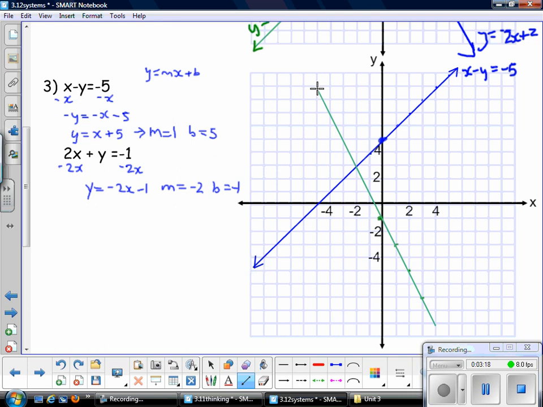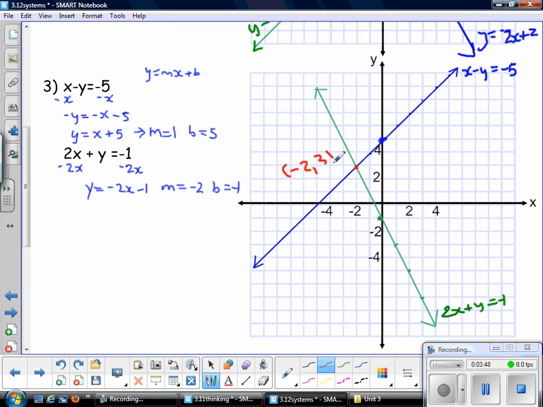Okay, so that's pretty close there. And we'll write down that equation so that if someone looks at our work, they know which line is which. So we had green, so that was 2x plus y equals negative 1. We can see their point of intersection occurs right here, which is the coordinate negative 2, positive 3.